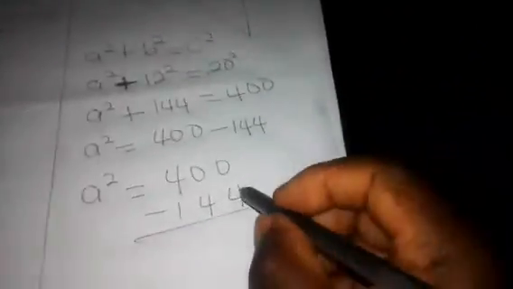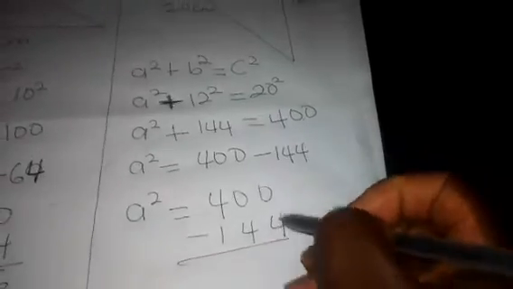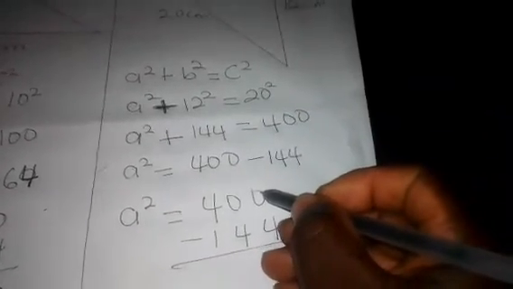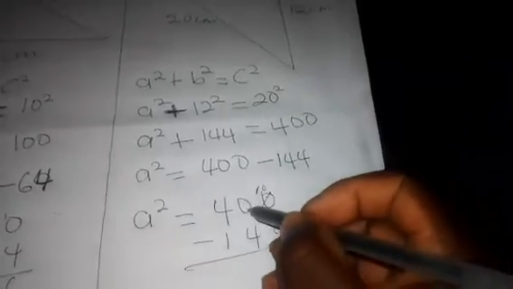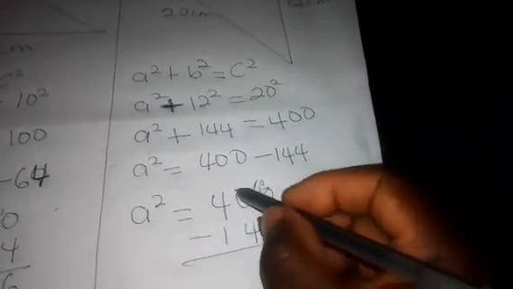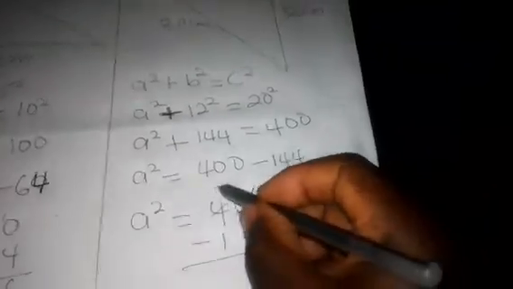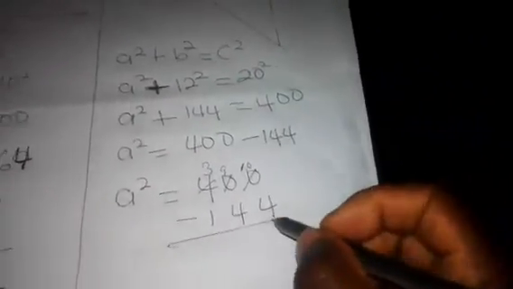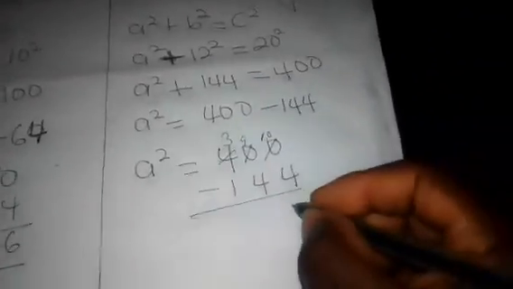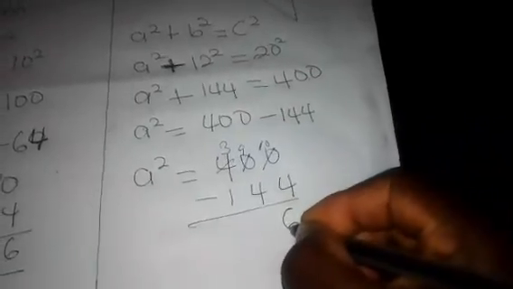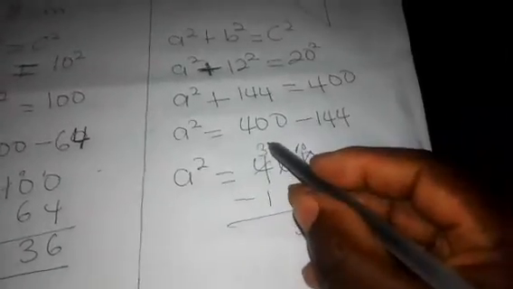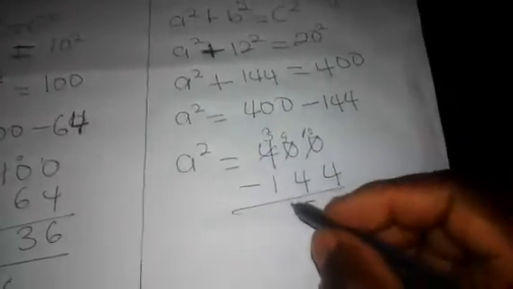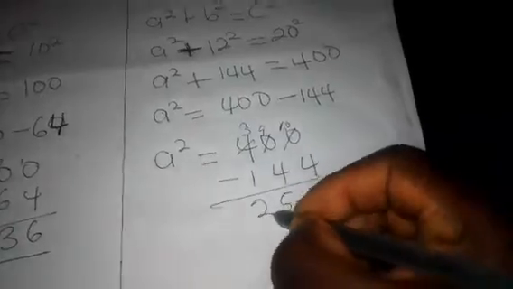And in solving this, 4 cannot be subtracted from 0, so it's going to be 10 because we borrow 1 from here, and here will be 9, and here will become 3. So 10 minus 4 gives us 6, 9 minus 4 gives us 5, and then 3 minus 1 gives us 2.